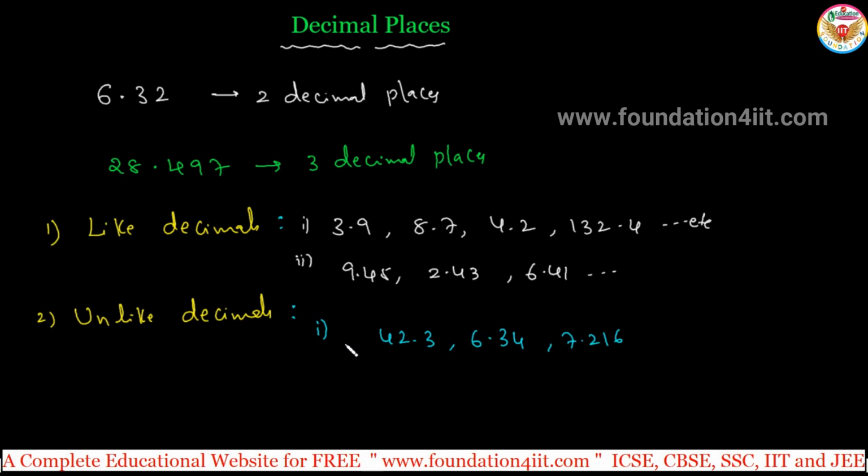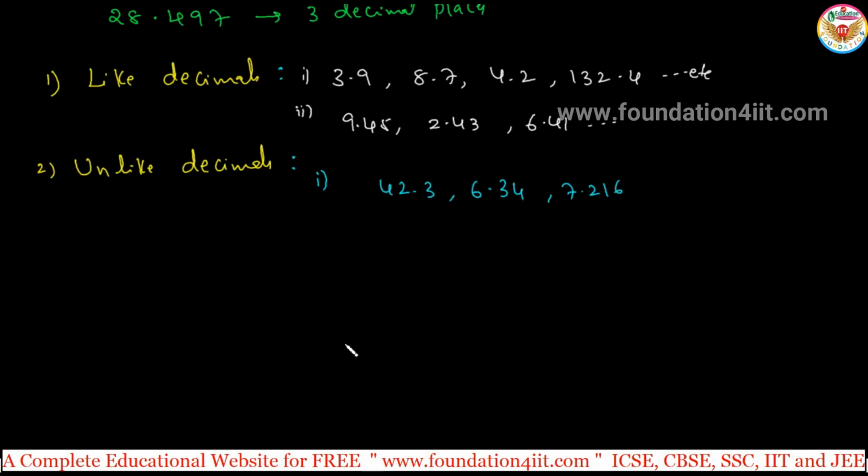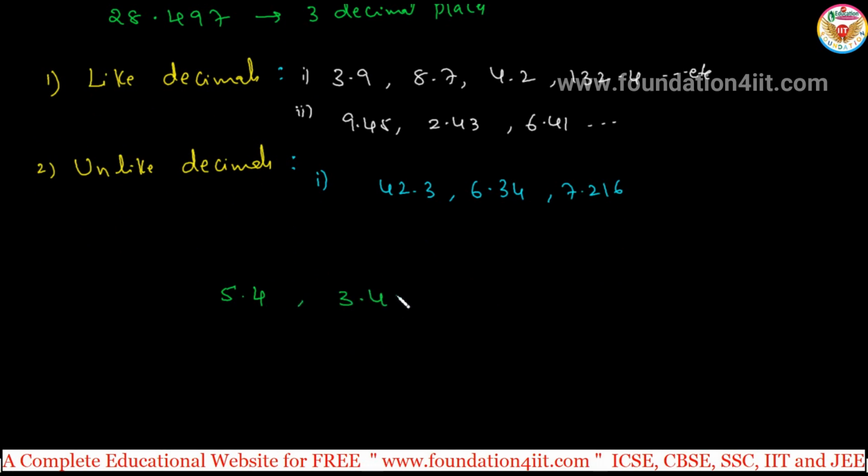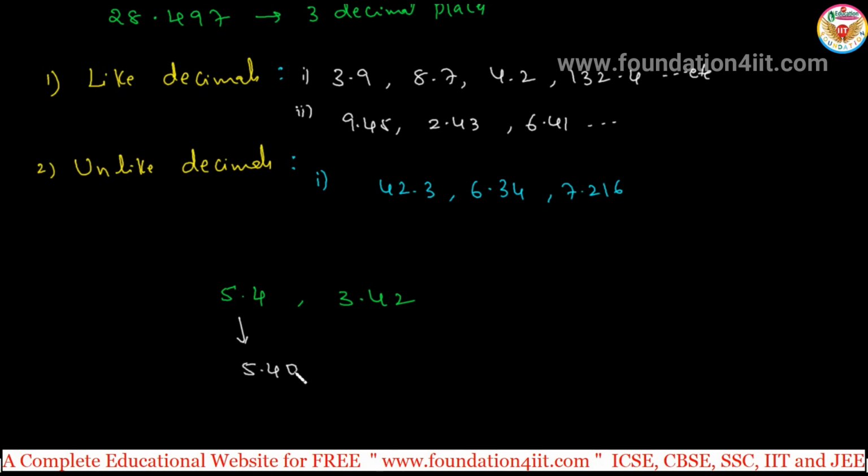We can also make unlike decimals into like decimals. For example, 5.4 and 3.42 are unlike decimals, but 5.4 we can write as 5.40 also.